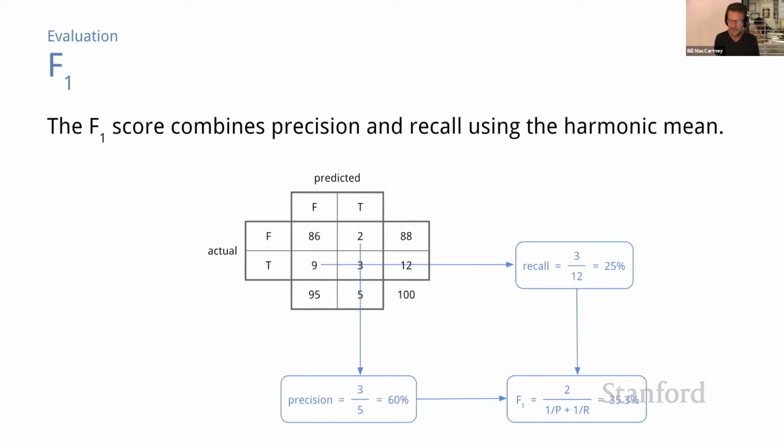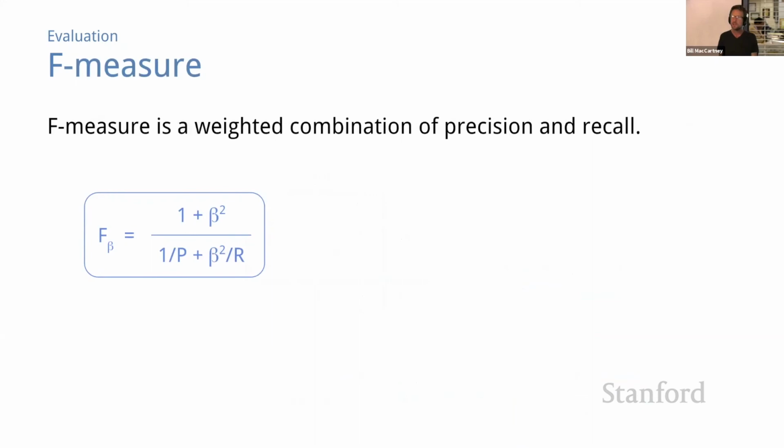And that's because adding an invalid triple to the KB is more harmful than failing to add a valid one. So instead, we could use the F measure, which is a generalization of F1. It's a weighted harmonic mean of precision and recall. And this parameter beta controls how much more importance you place on recall than on precision.